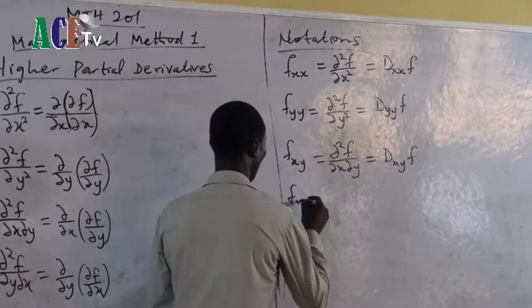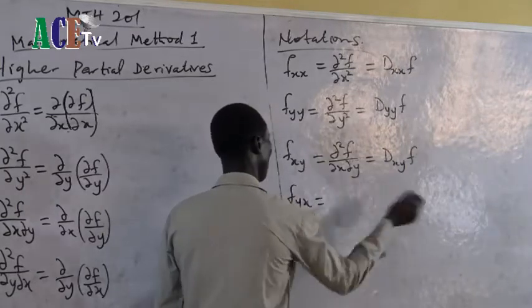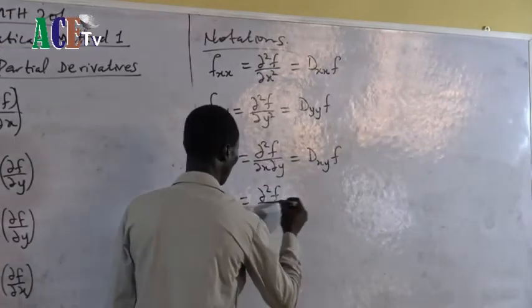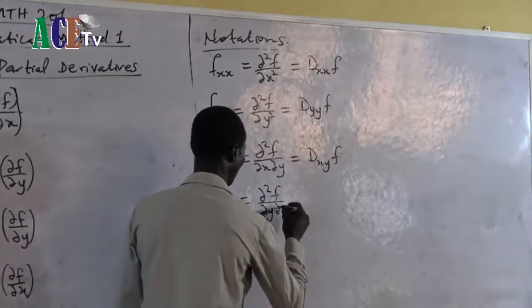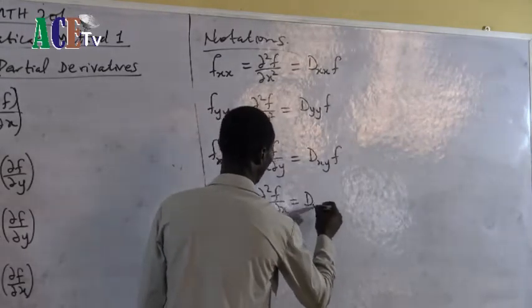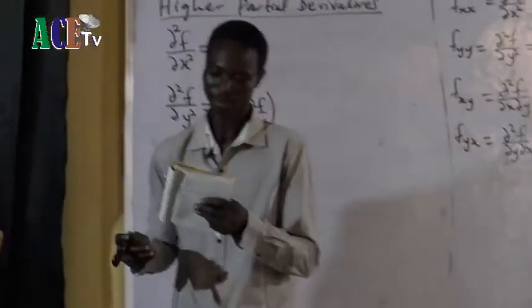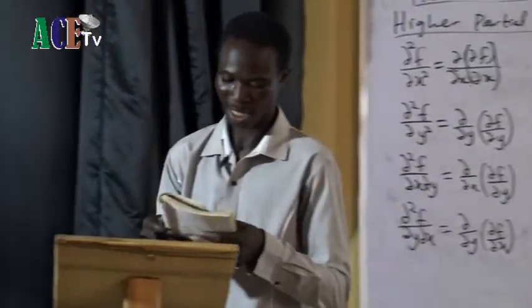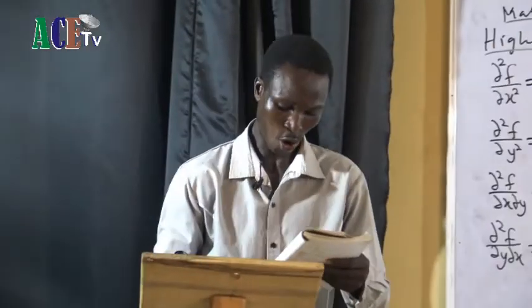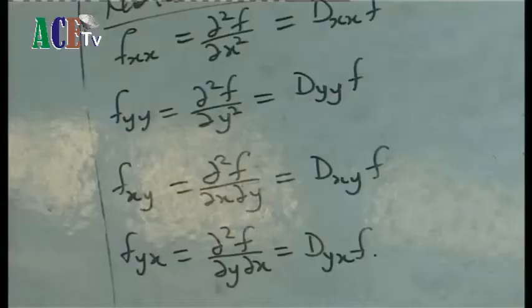Then f of yx, the square f, the y, the x, the yx of f. So those are the ways in which I can write all those.